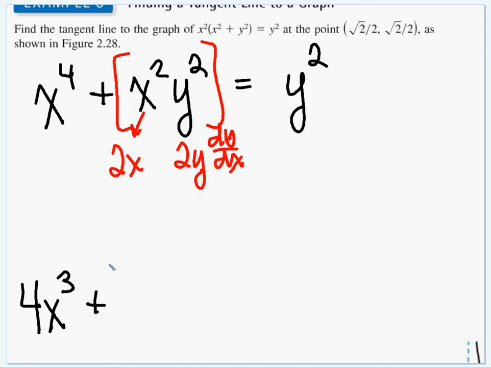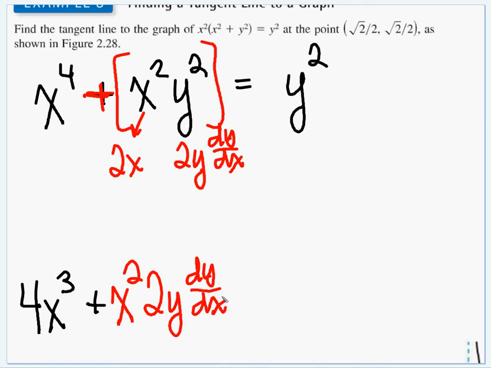I could put brackets here, but since we're adding, there's no negative to distribute, so we can dispense with the brackets. And then our product rule is the first thing times the derivative of the second plus the second thing times the derivative of the first. And that's going to equal, on the other side, we derive that to get a 2y.